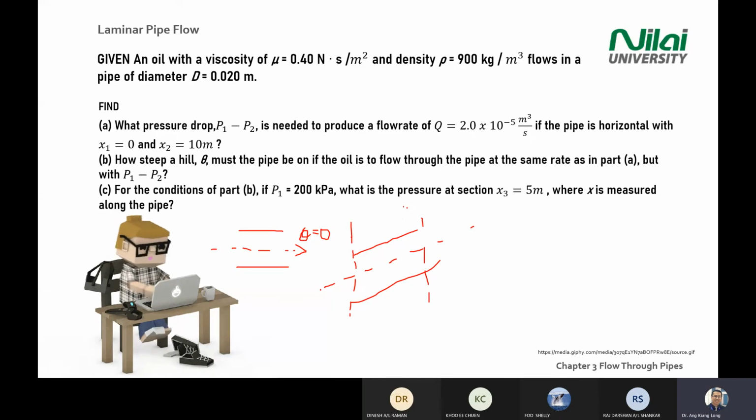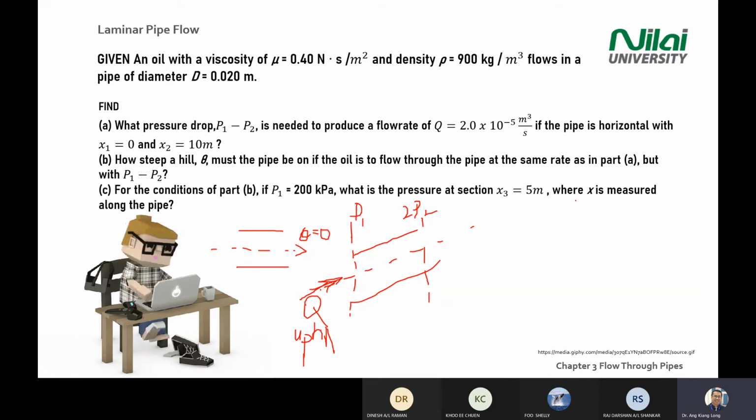Let's say this is point 1, this is point 2. You have pressure 1 at station 1, pressure 2 at station 2. You know that Q is flowing uphill. Uphill means you pump water from a low level to a high level. Dinesh, do you understand about the direction?